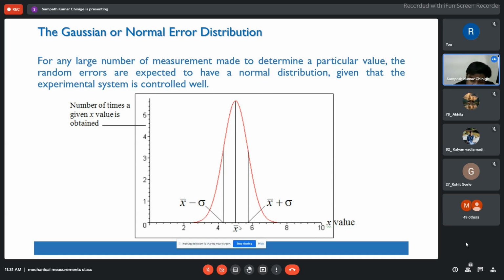Error deals with a single reading, the deviation of that reading. But the range of that error for that system is the uncertainty. I hope I'm clear. So now you have x bar minus sigma and x bar plus sigma.